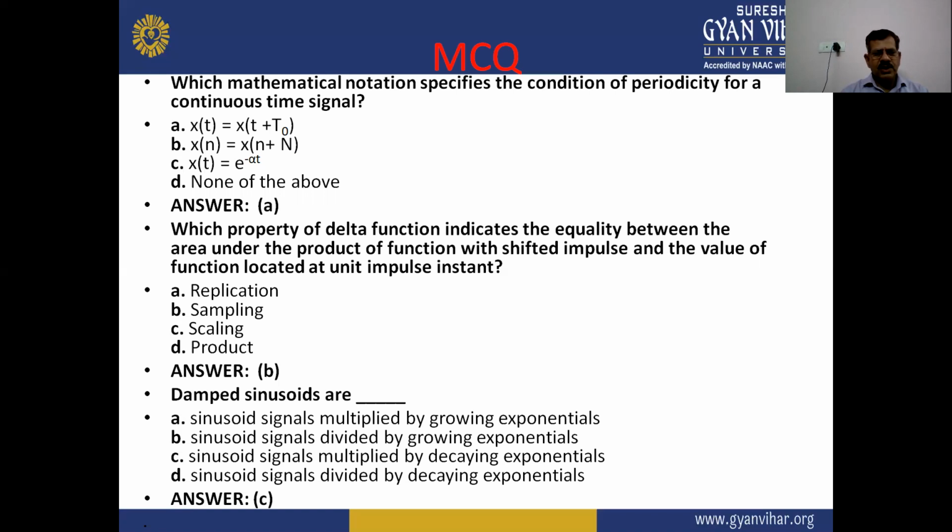Option C, sinusoidal signals multiplied by decaying exponentials. Option D, sinusoidal signals divided by decaying exponentials. So here the correct answer is option C, sinusoidal signals multiplied by decaying exponentials.